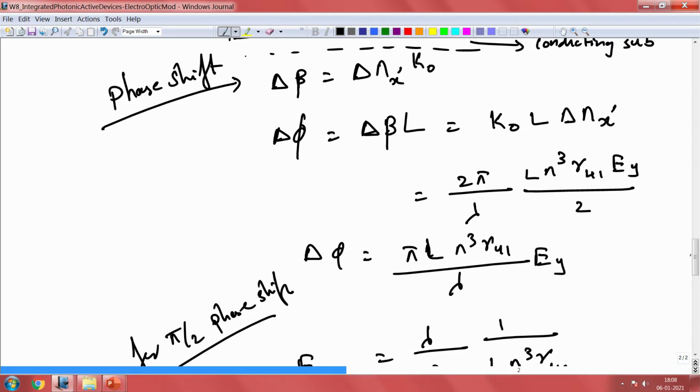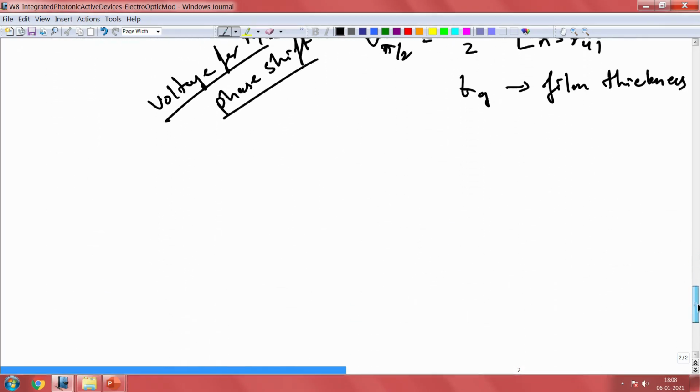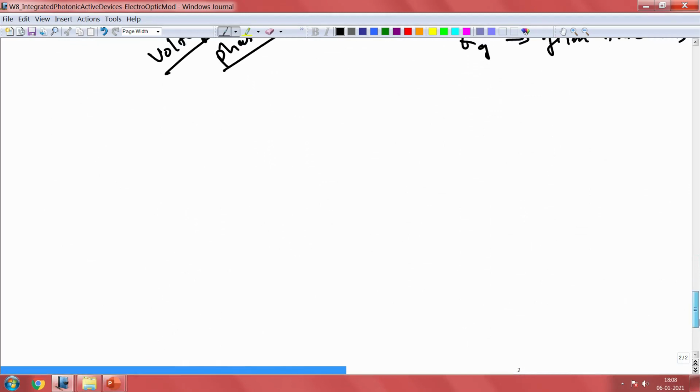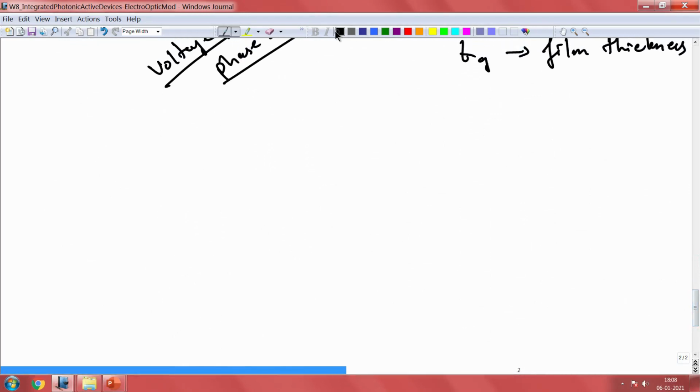Okay. And looking at the configuration itself, there are two ways, as I mentioned, that you can excite this. So let's look at the modulator configuration.